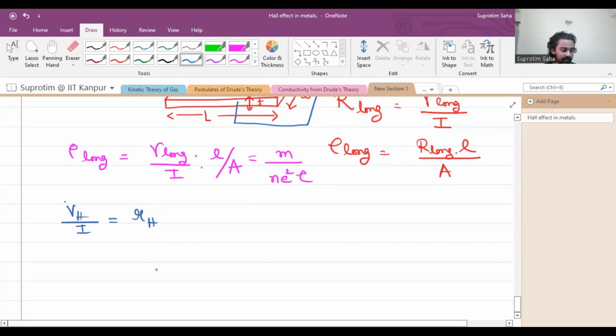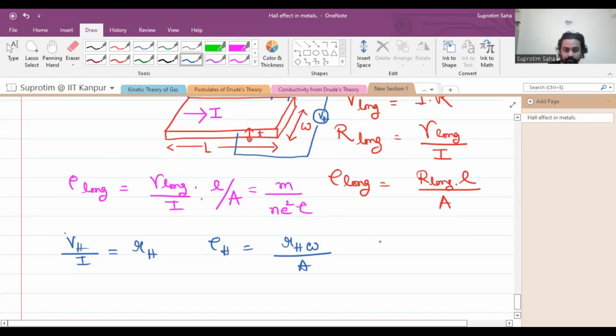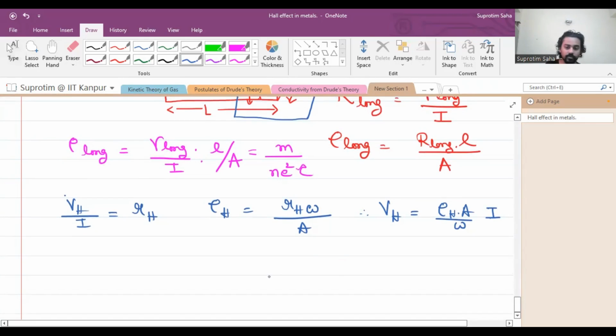So rho H is equal to RH times L. Now this length for the transverse voltage, or the Hall voltage, is your W. Therefore VH is rho H times A over W. Now rho H is RH times W over A, which is equal to B naught by NE.